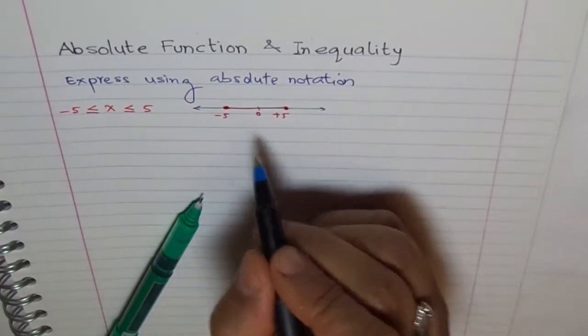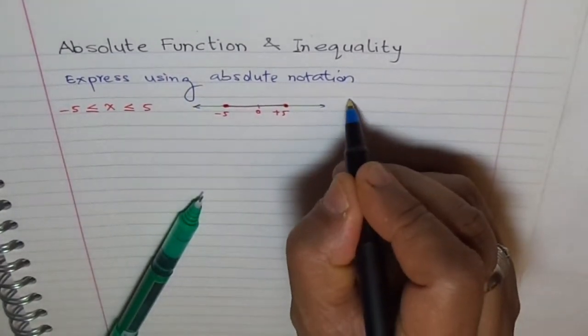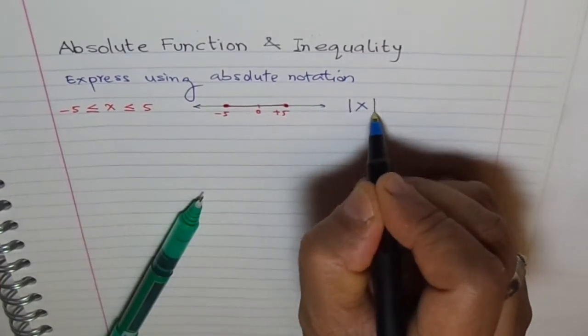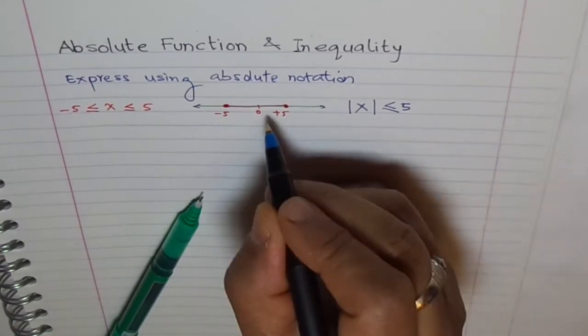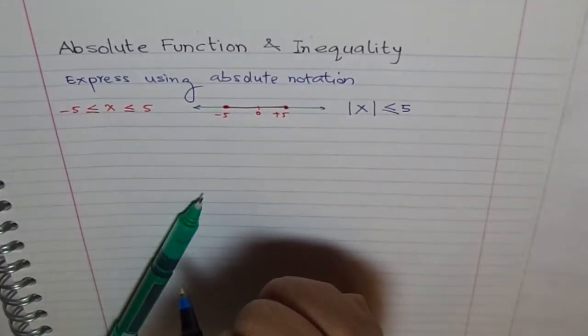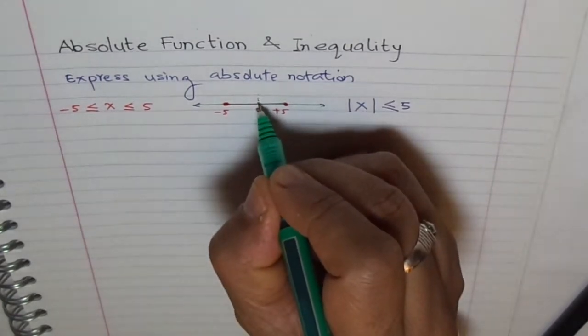How are we going to represent this as an absolute function? Well, as an absolute function, if I write absolute x is less than or equal to 5, does it represent the same thing? It does. How? Let's consider this point, center.